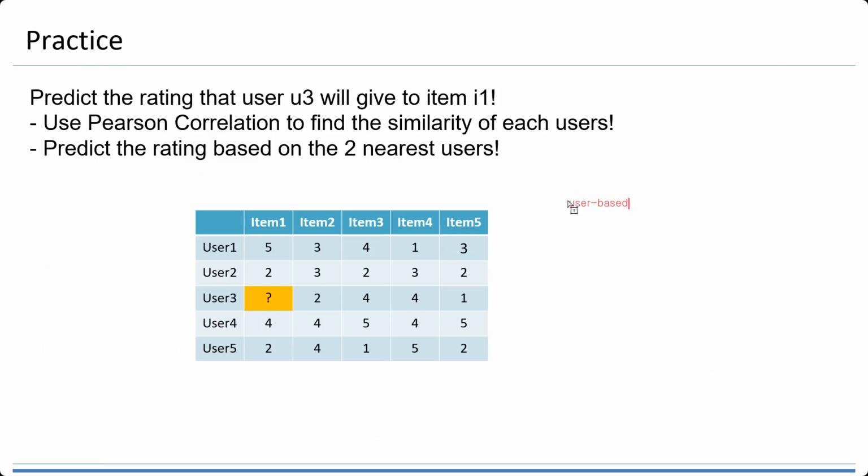If you use the user base collaborative filtering, it means you can measure the similarity with the person correlation. Okay. Or you can try with item based collaborative filtering, and you can use the cosine similarity.